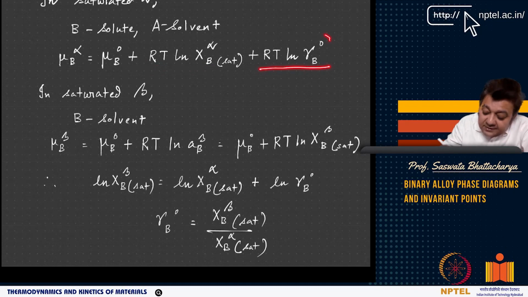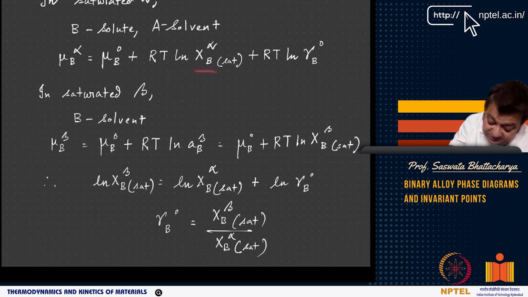Gamma B0 is the Henry's law coefficient. So you have mu B0 plus RT ln XB alpha saturation plus RT ln gamma B0, where XB alpha saturation is the composition. That is Henry's law.